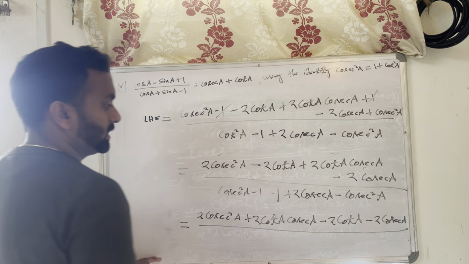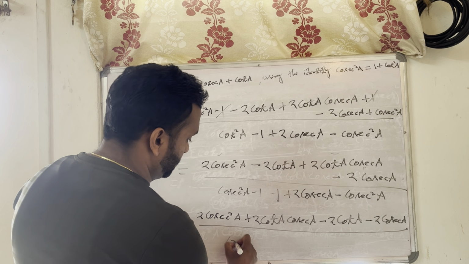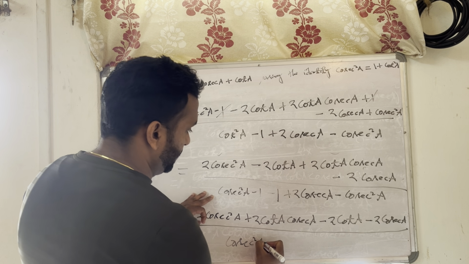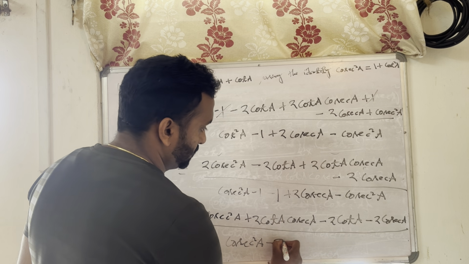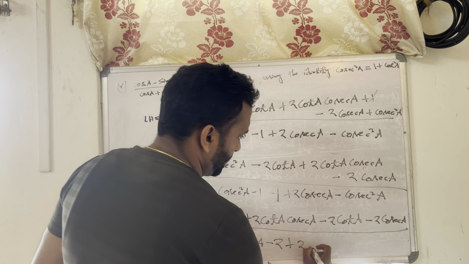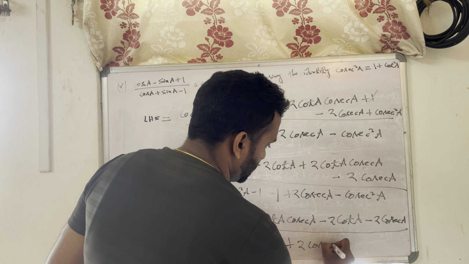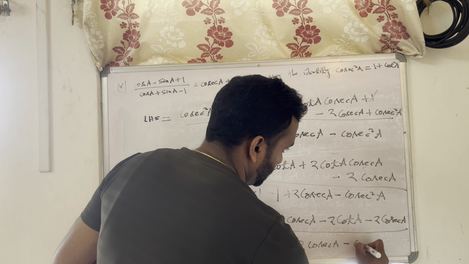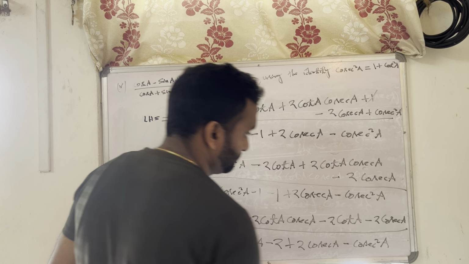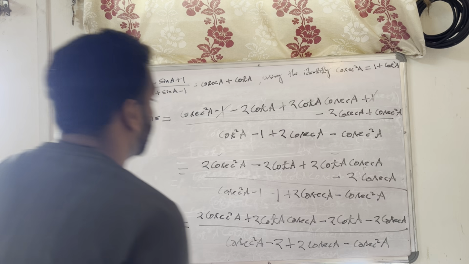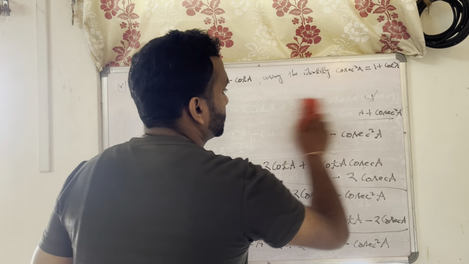In the denominator we have cosec square A minus 1 minus 2 plus 2 cosec A minus cosec square A. Then further solving it, let's see how much we get.